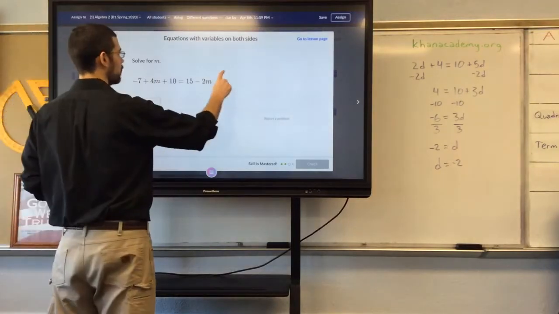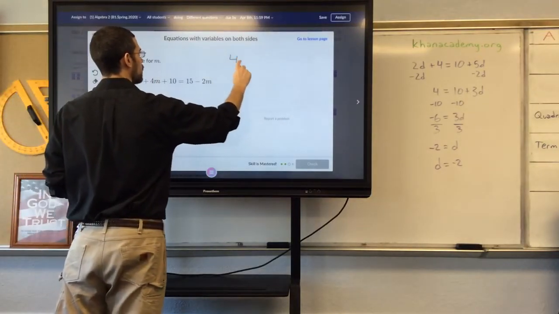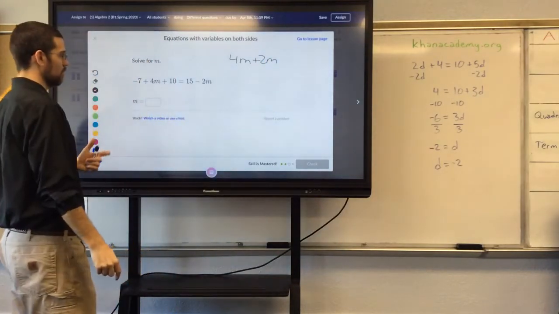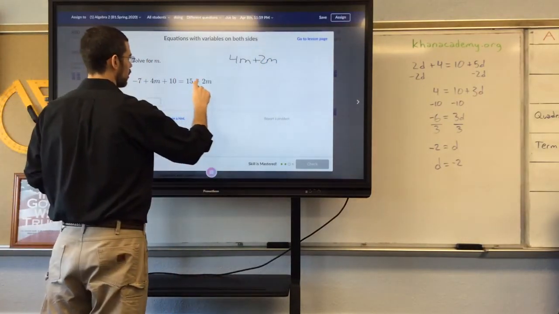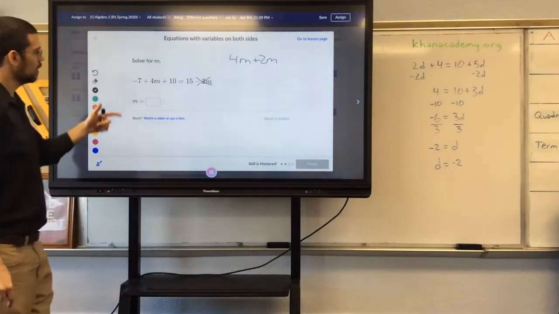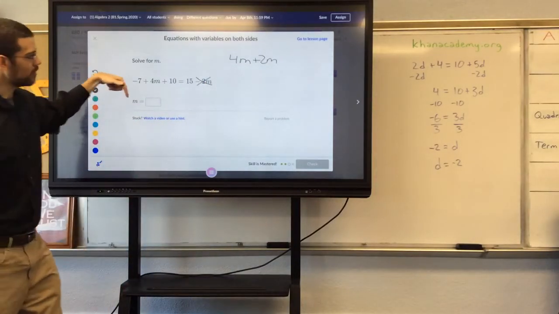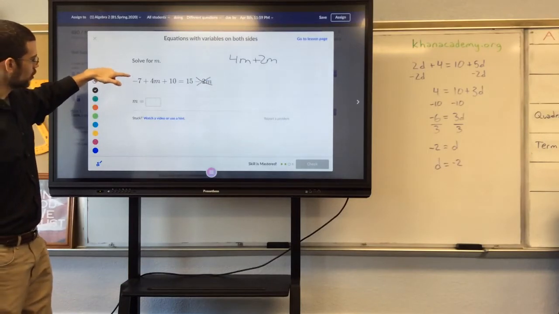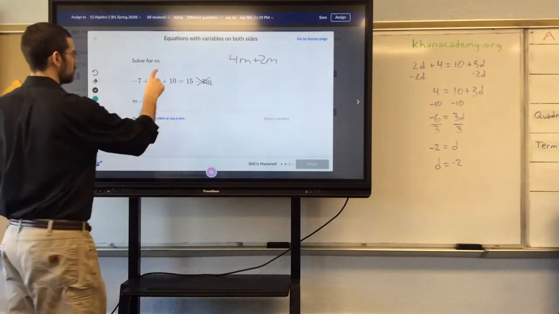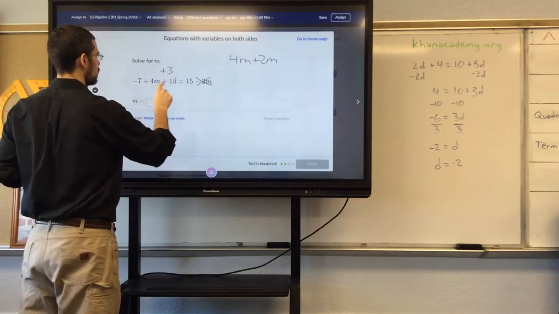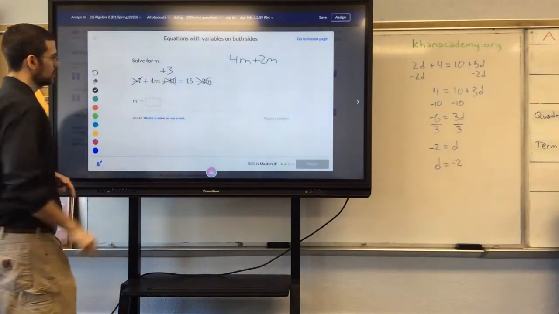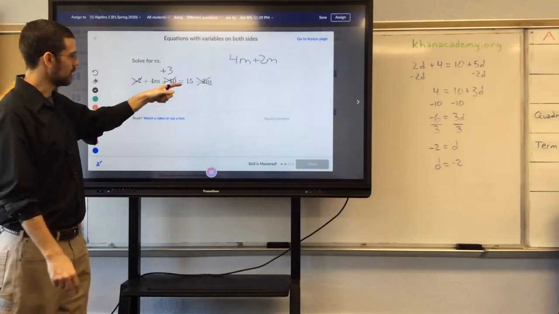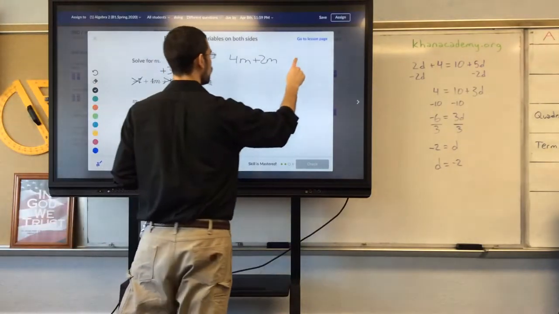So I will have 4m plus 2m on the left side of the equation. That gets rid of this part. And then I want all my numbers to be on the right side, so I'm going to combine, first of all, negative 7 and 10 is 3. I can get rid of those. Now I want the 3 on that side, so I'm going to subtract 3 from both sides. 15 minus 3 is 12.